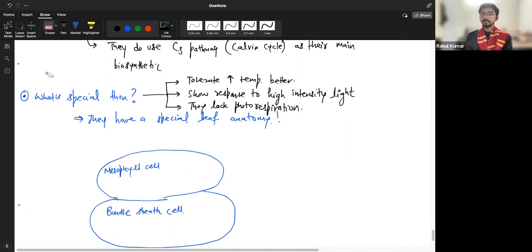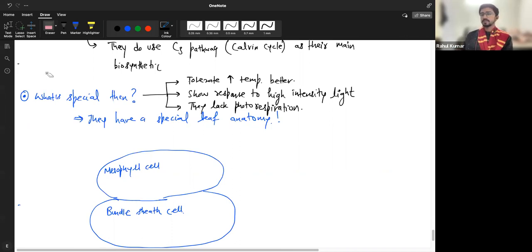This is a waste kind of respiration where CO2 is released, but in our respiration we are at least producing ATPs. We are producing energy. Here there is no ATP synthesis, no NADPH synthesis. Instead of CO2 we start using O2, and instead of O2 release, plants start releasing CO2.